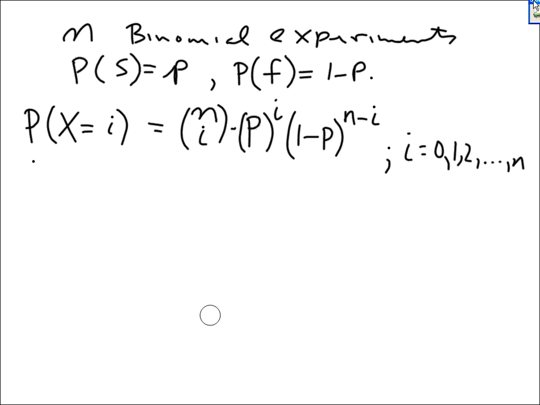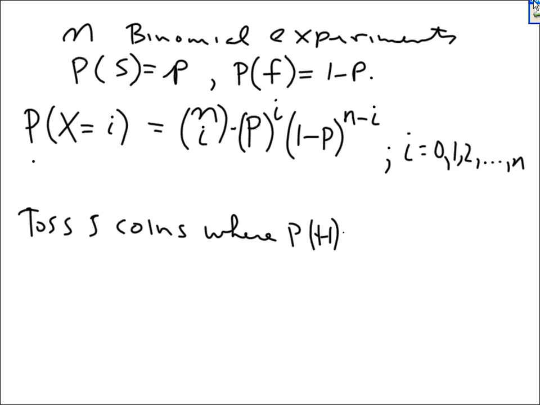So, what if I asked you, back to our old problem, you toss 5 coins, where probability of heads is, we'll make it 1/3 now, so probability of tails is 2/3.